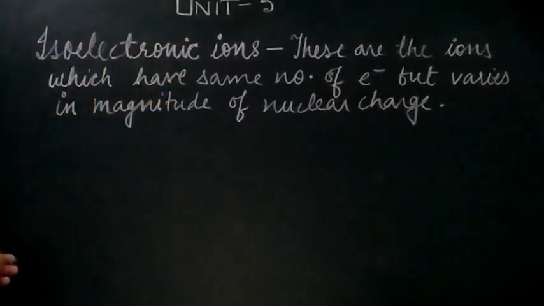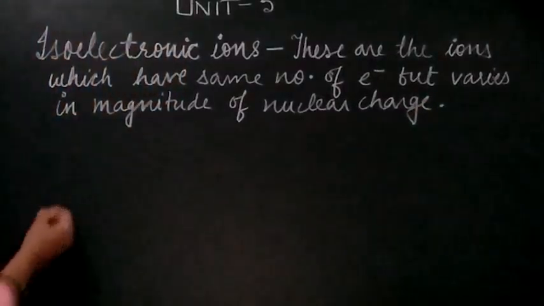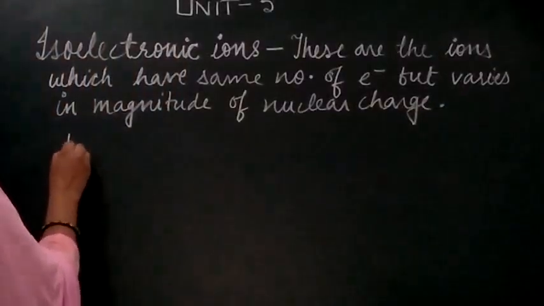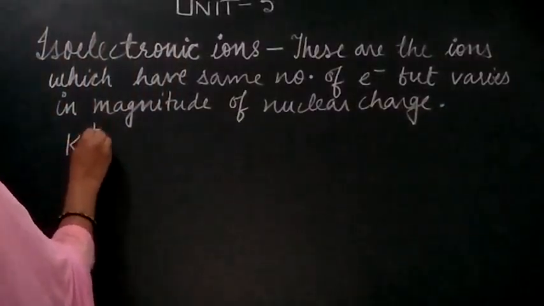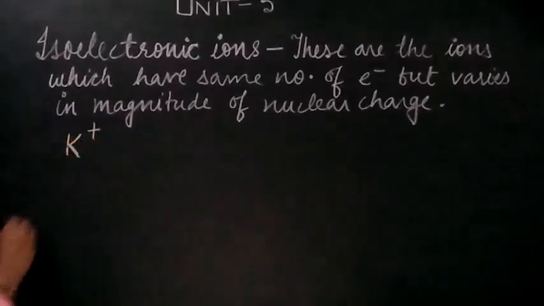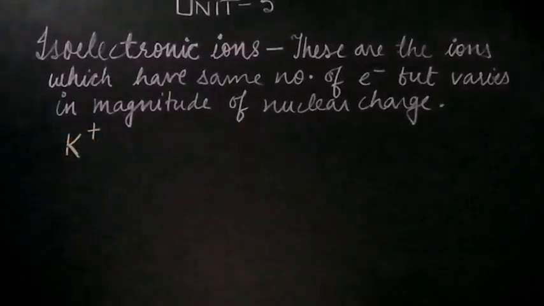So students, we can take an example of potassium K positive. You know that the atomic number of potassium is 19.